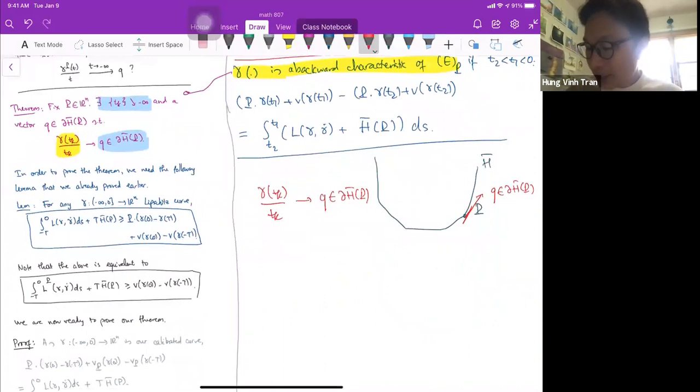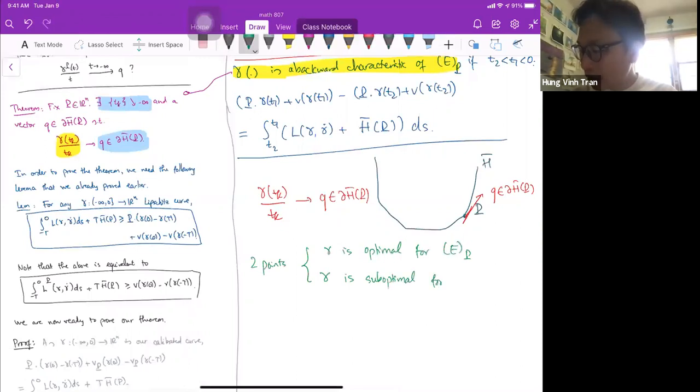The proof is actually not too hard. Once we have put ourselves in a good framework, then we are good to go. The proof is that we just use two points. The two points that we need to use in the proof are that gamma is optimal for the variational problem at p, but gamma is suboptimal for the variational problem at any p tilde.